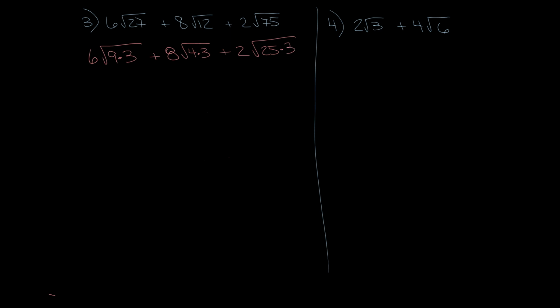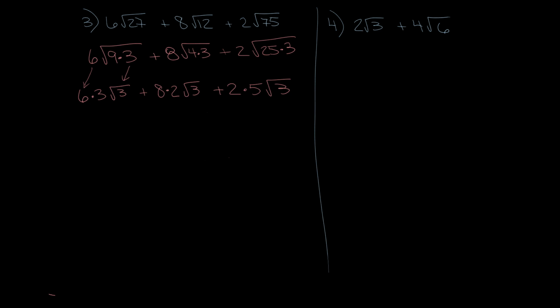So now let's break this down. So we have 6. I'm just going to drop that down. The square root of 9 is 3, and this 3 stays inside. The square root of 4 is 2, and the 3 stays inside because you can't do anything with it. The square root of 25 is 5, and the 3 stays inside.